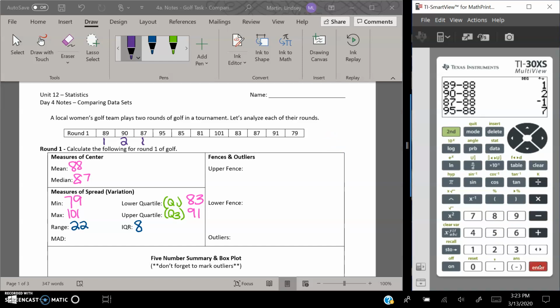95 minus 88 gives me 7. 85 minus 88 is going to give me another negative value.